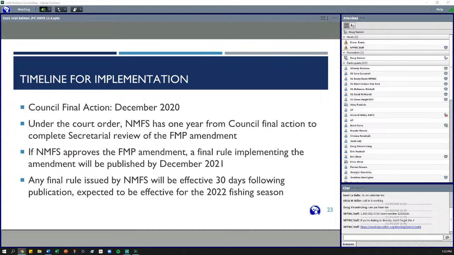30 days after the publication of the final rule occurs, we would expect the regulations to be effective. So at the end of the road, we anticipate that the 2022 fishing season would operate under the revised FMP amendment and regulations, regardless of which alternative is selected.